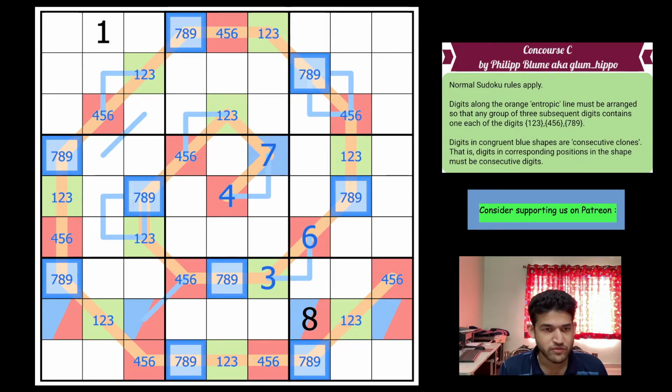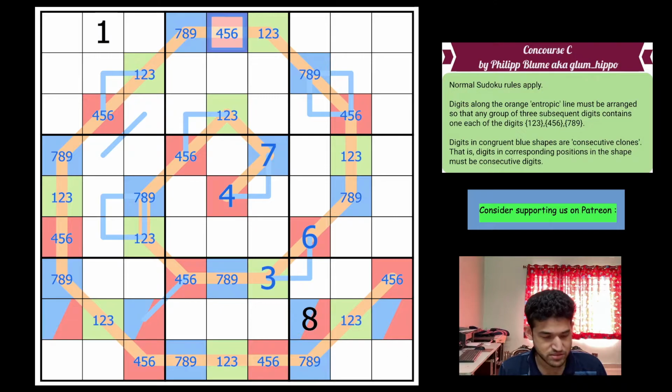And now we can make use of the givens to eliminate some digits. This is not a 4. This is not a 3. This is not 8. That's not 8. You have an 8 here. You have 6. So this is not 6. You have 4, 7. So this is not 7. That's 8 and 9. And 1 is here. So this is 2, 3. This is 2, 3. This is 2, 3.